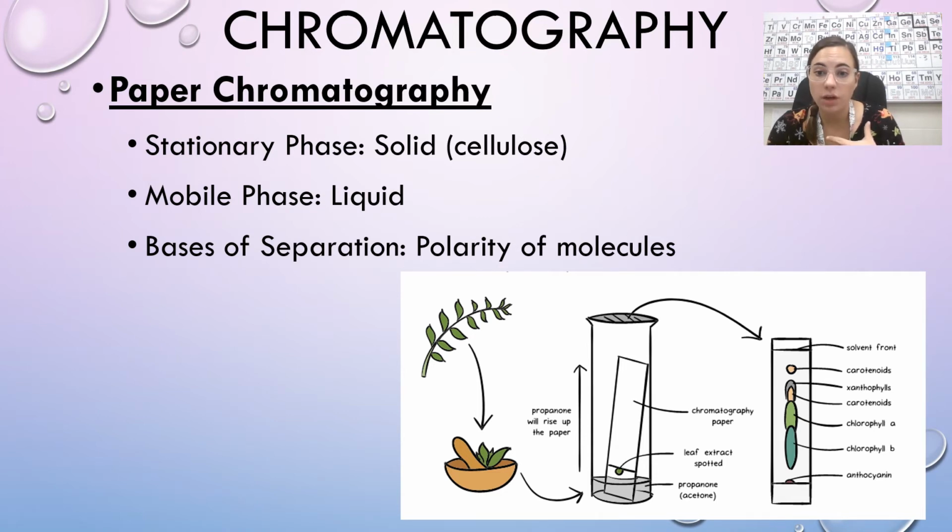So if the mobile phase is more polar, the things that are more polar are going to travel further. And vice versa. If the mobile phase is less polar, then the things that are less polar are going to travel up further. The example given here in the picture, which you might have done in biology, is separating the different chlorophylls out of a leaf. So you see the different pigments separated at different rates.